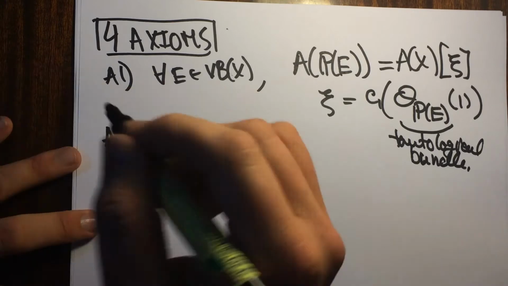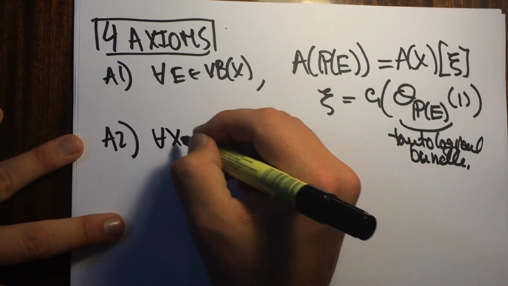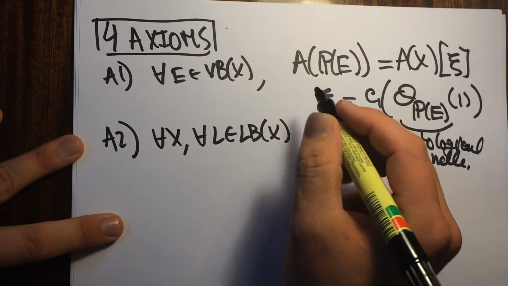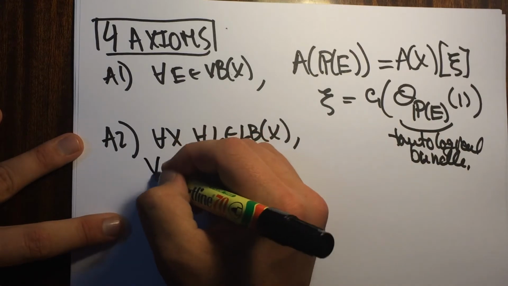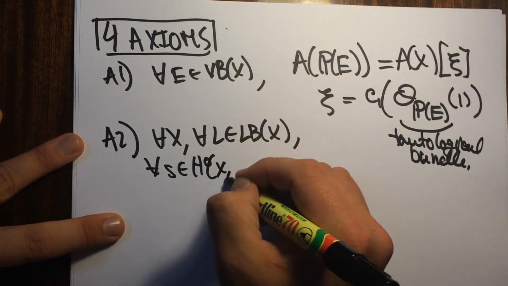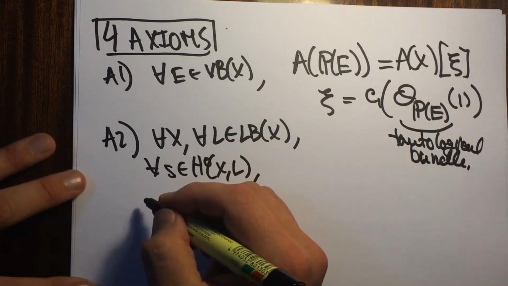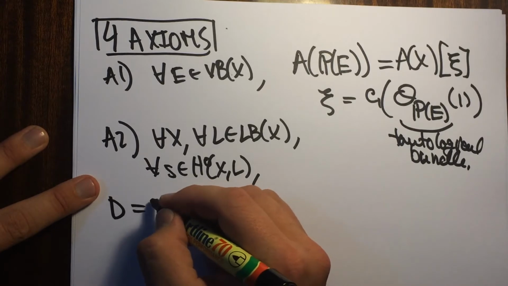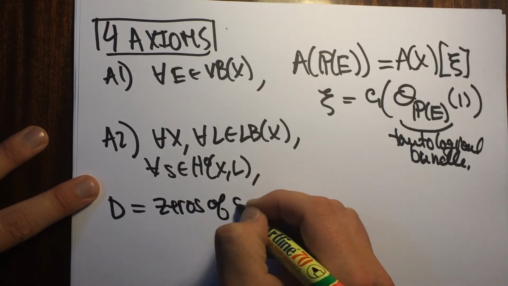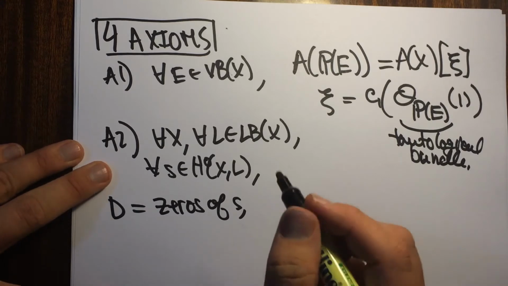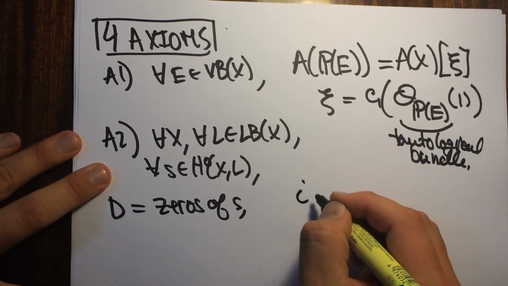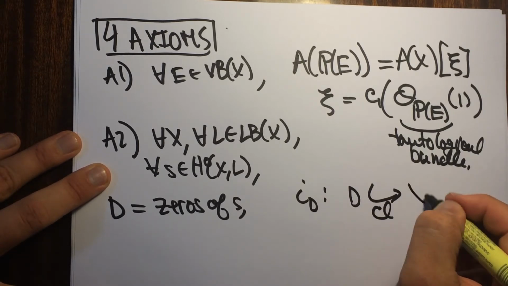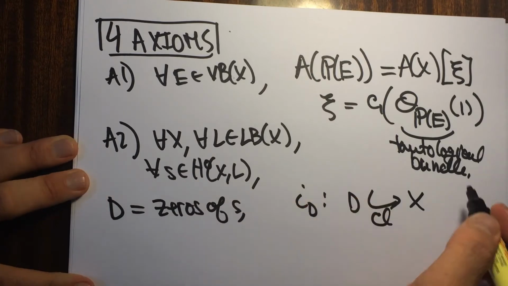It says that for every X, and for every line bundle on X and every global section, H0 of X, L, what we do is we define D to be equal to the zeros of S, and then we can define i of D from D, and this is going to be the closed immersion of D into X. Okay, so we have the zeros of S, and we can view it as a closed subscheme.